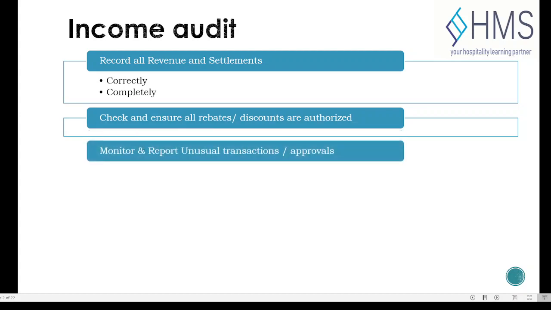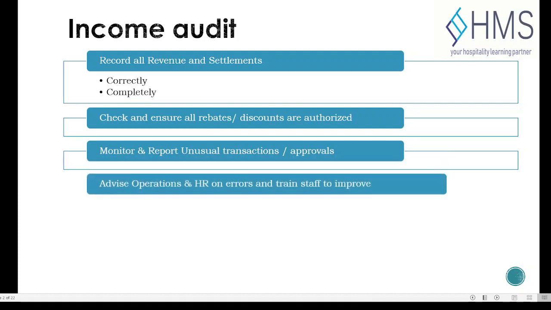Then they are also supposed to report and monitor the unusual transactions and approvals on a weekly and monthly basis. So that's again part of their job, right? Not only the checking, but also monitoring and reporting, and then advising operations and HR on the errors and training the staff to improve. Sometimes they have to do the training themselves.